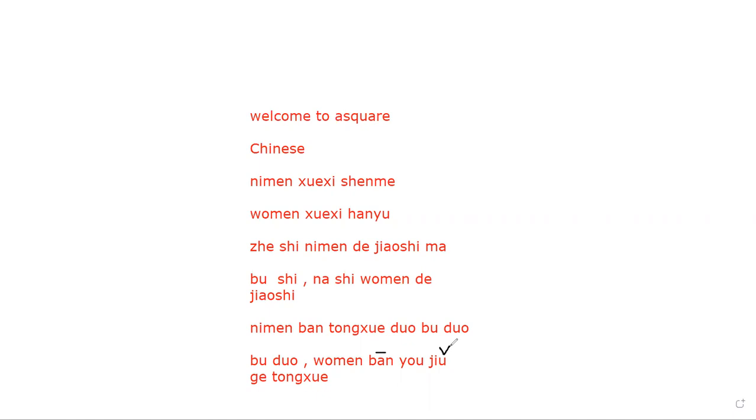I'm asking, Nimen ban tong xue duo bu duo, it means in your class, are the classmates numerous? Bu duo means not so many. Women ban you jiu ge tong xue, 9 classmates. Is it clear to you?